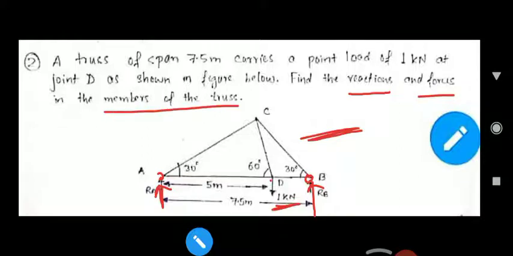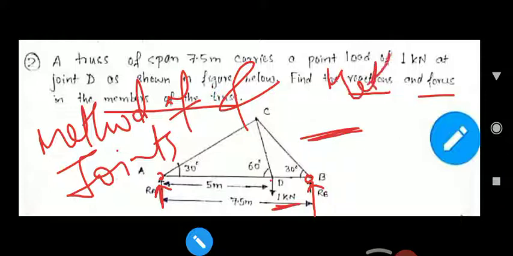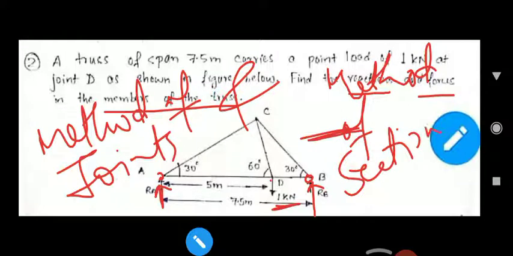So here it has not been mentioned which members of the truss, so we have to find forces in each and every member of the truss given in the figure. So which method should we use here? We have two methods, method of joints and method of sections.